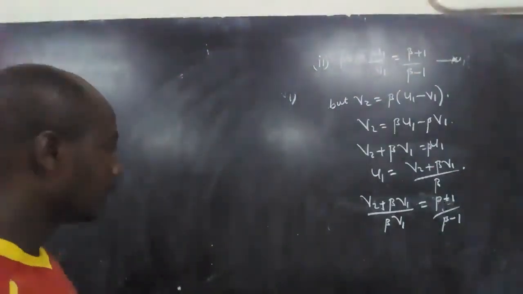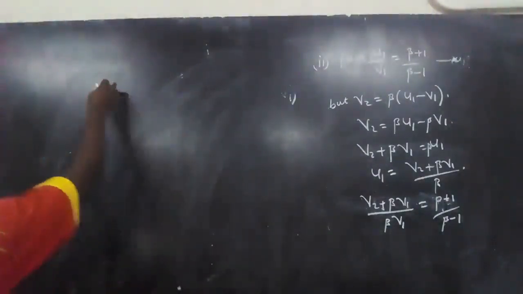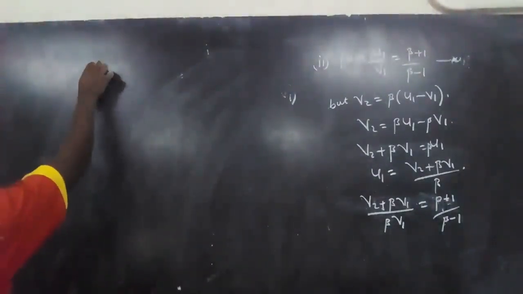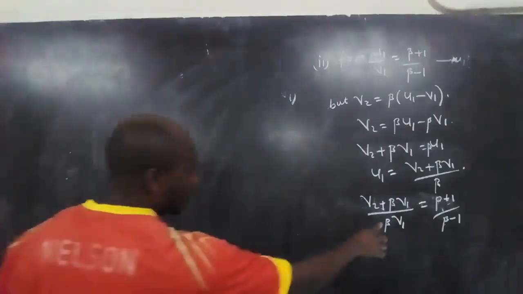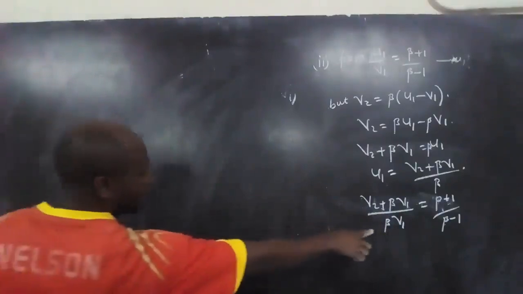Though it is dark, you may not be seeing properly, but you'll be able to see your answer. So when we cross multiply, we can divide both sides by beta, down, up and down.